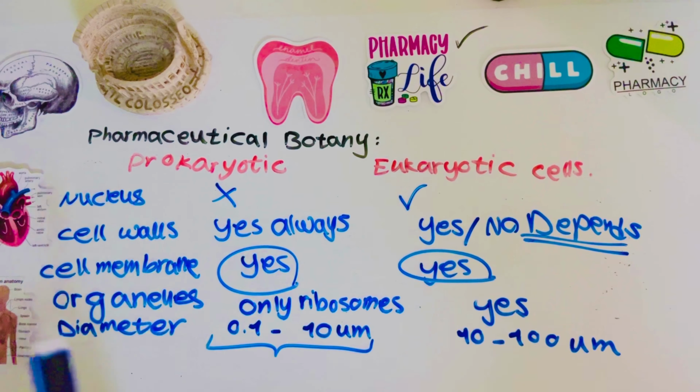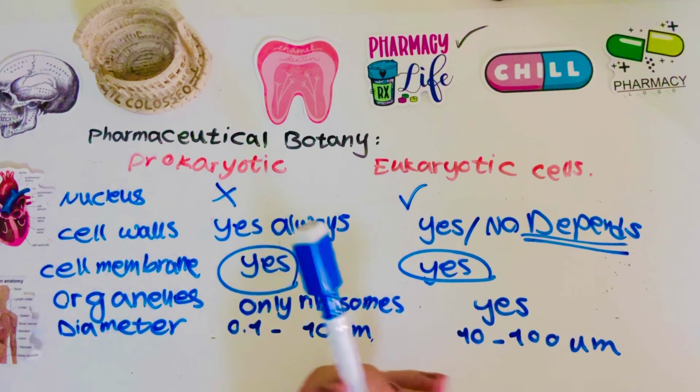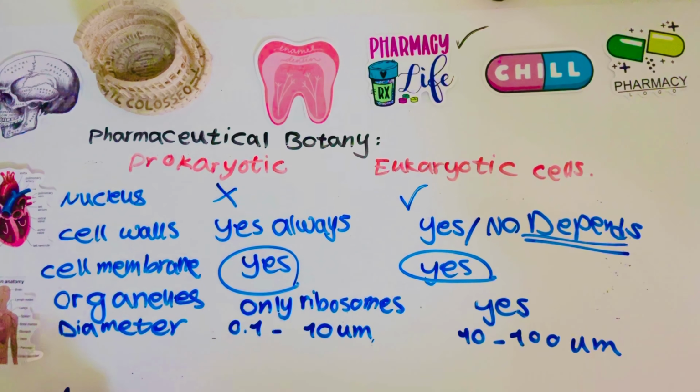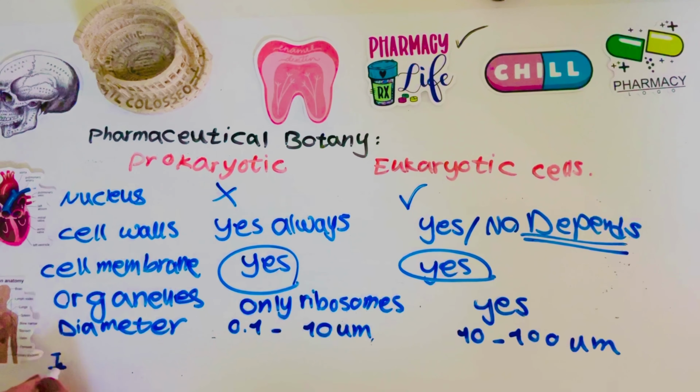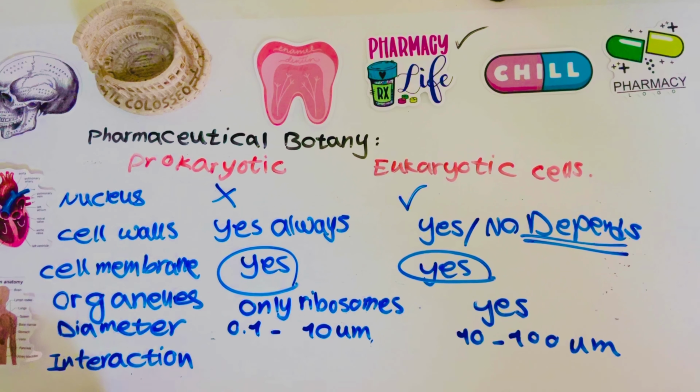Okay, and the last feature and the last difference is about their interaction. How are they interacting with each other, the prokaryotic cells?